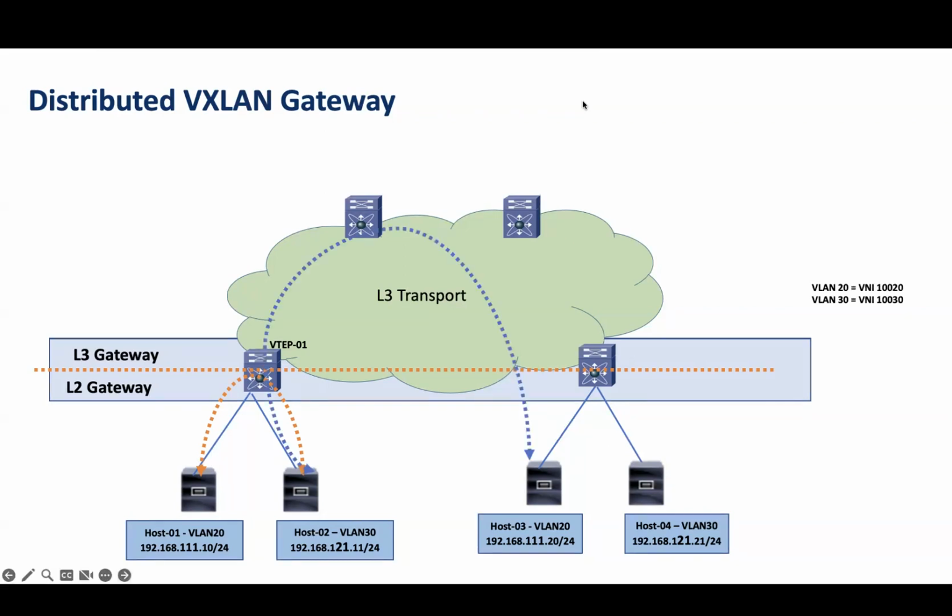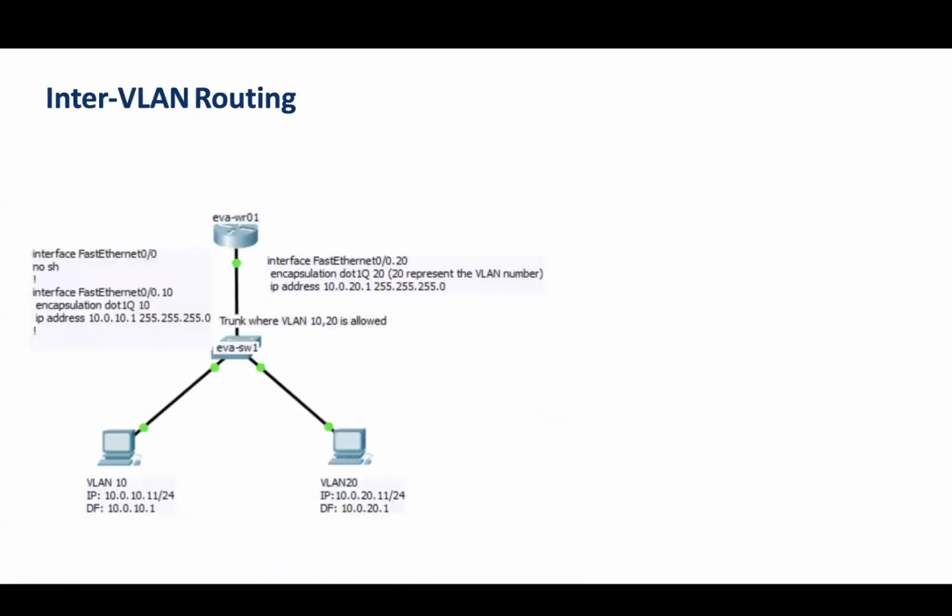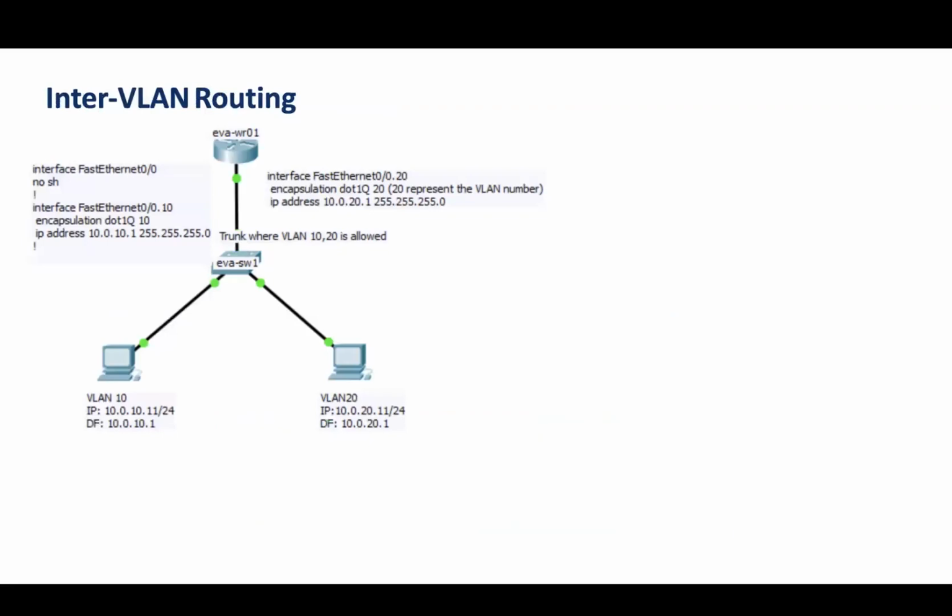Okay, now we will discuss symmetric and asymmetric IRB. Let's recall traditional inter-VLAN routing and then correlate inter-VLAN routing with inter-VNI routing. As we know, there are two ways to perform inter-VLAN routing. Router on a stick, where we have a router connected to a layer 2 network. We configure multiple sub-interfaces depending on VLANs.